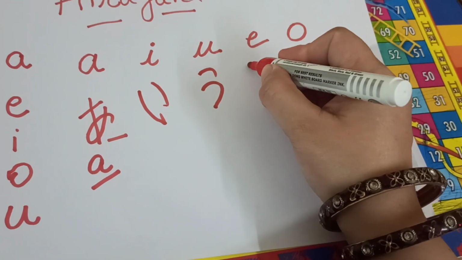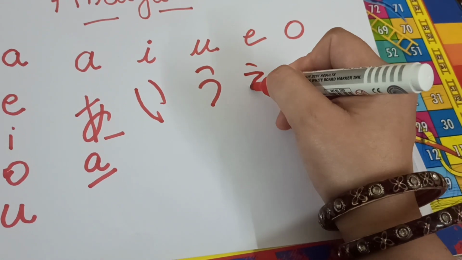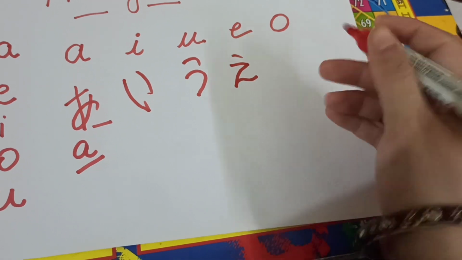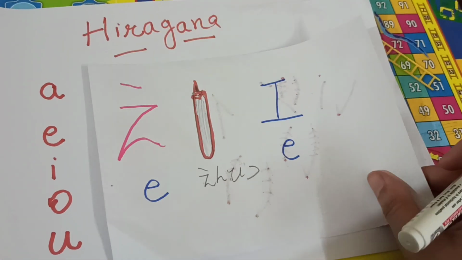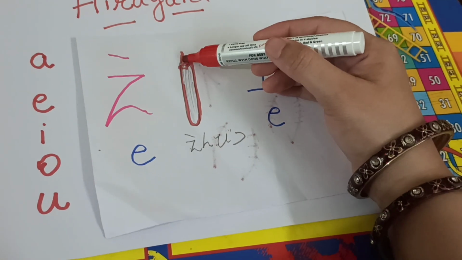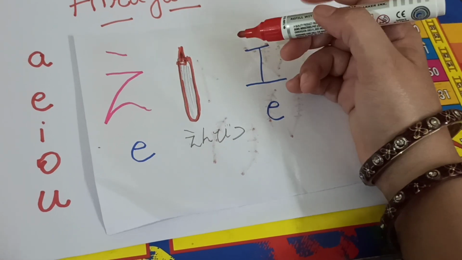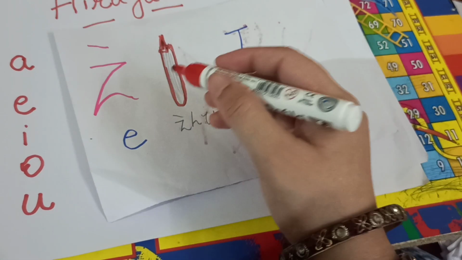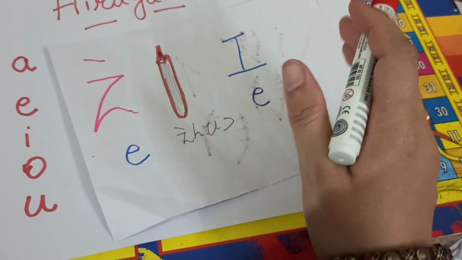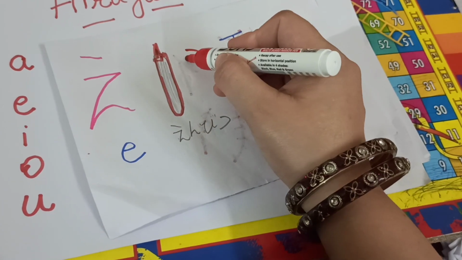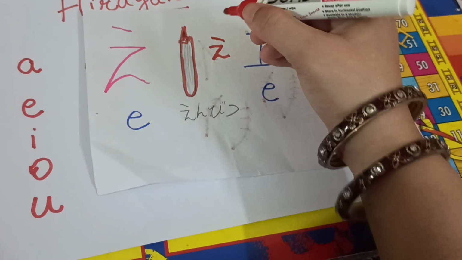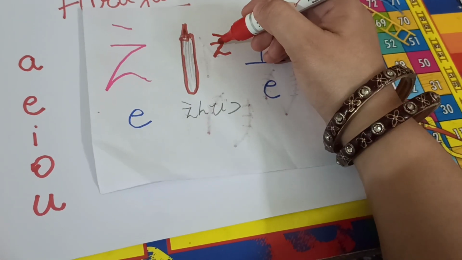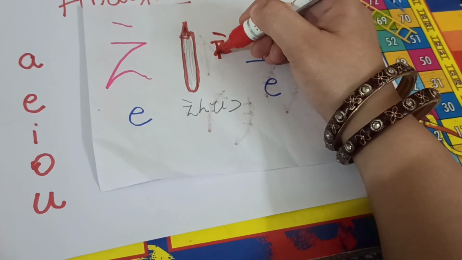Next one is E. E is Enpitsu. Enpitsu means pencil. Suppose this is the peak of your pencil and this is the base of your pencil.